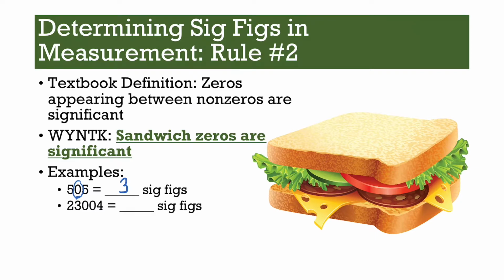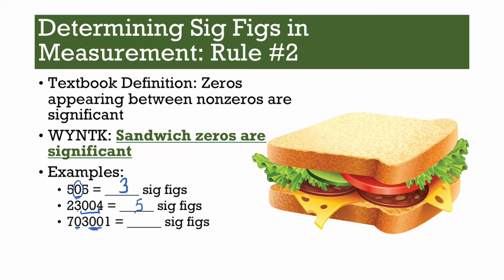So in the next one, both of these zeros are stuck in the middle of the number. So both of those zeros are significant, and in total, we have 1, 2, 3, 4, 5 sig figs. The third one, this 0 is sandwiched in between, and these two zeros are sandwiched, or stuck in the middle of that number, so they are all significant.